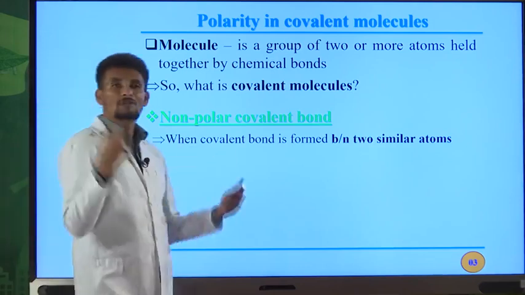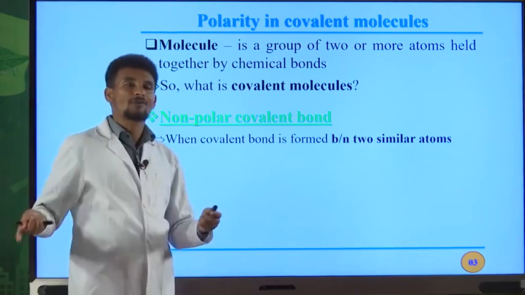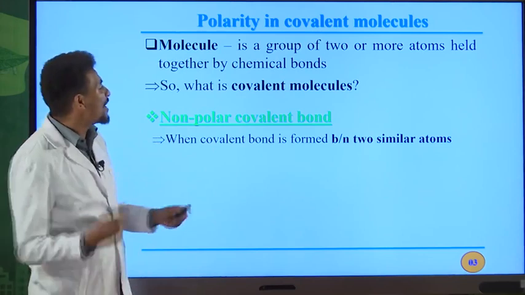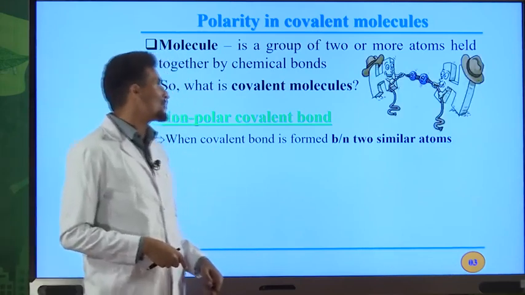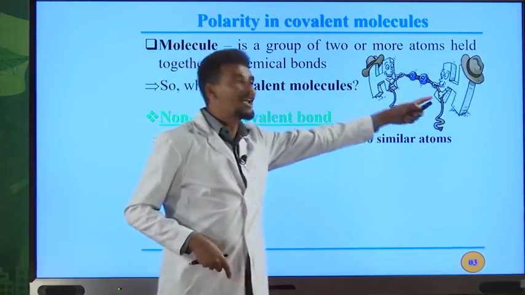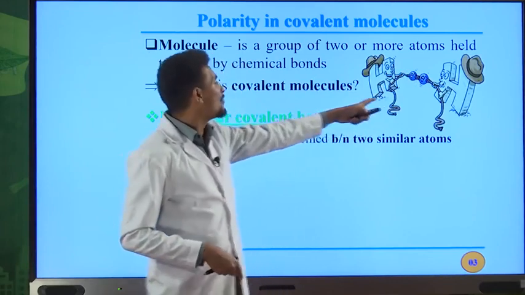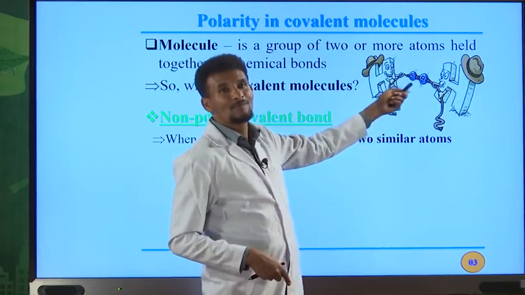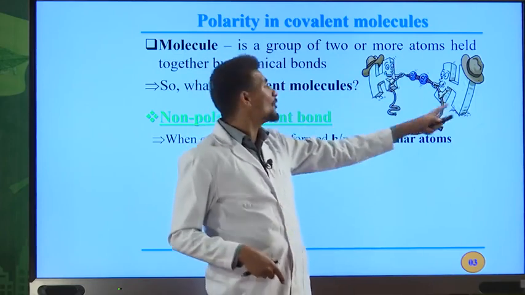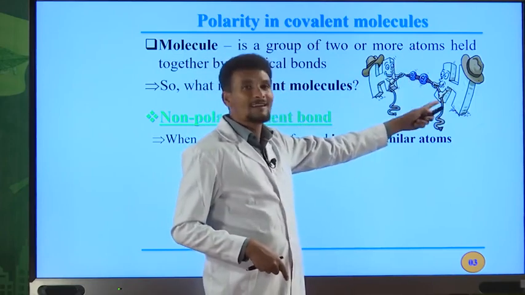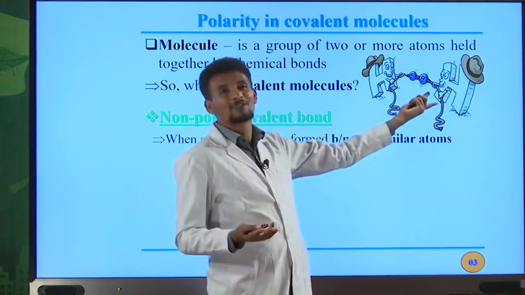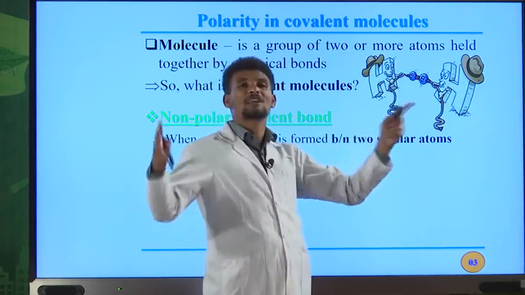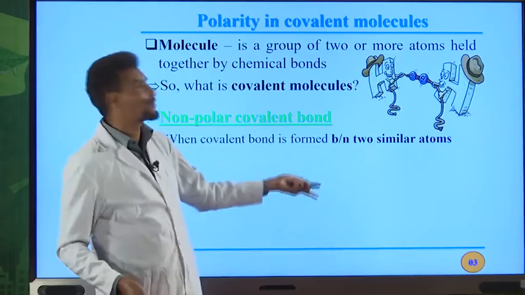So the polar bond and the nonpolar bond can be identified based on the electronegativity of the atoms. If there is equal sharing between atoms, for example here, this is a hydrogen atom, this is also a hydrogen atom, two similar atoms. The electrons are shared equally between the atoms.